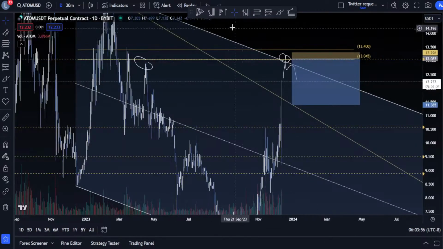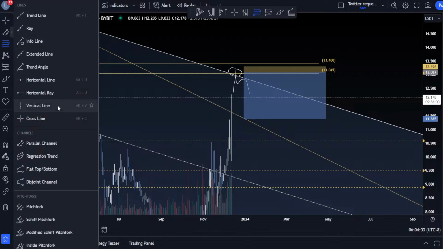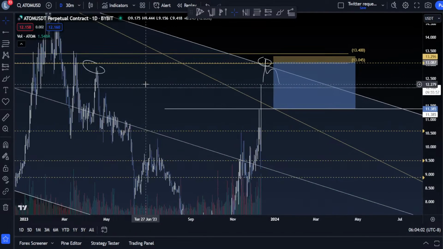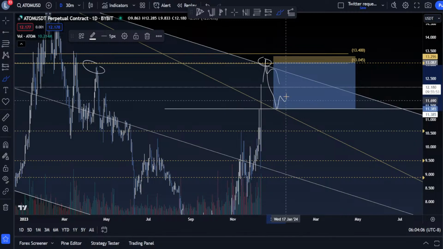And something like this would be an 8R. Just coming and retesting this wick. Maybe retest this trendline break.